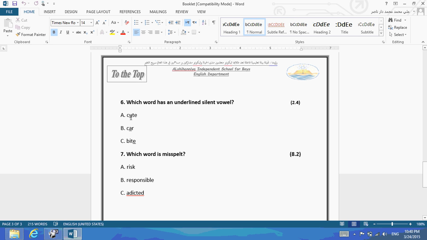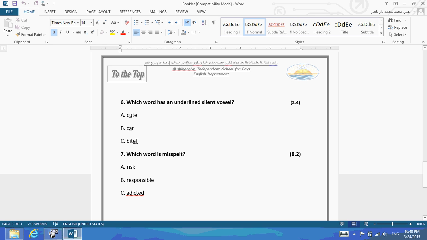The underlined vowel in the word cute is U, and U is read or is pronounced. So this can't be the answer. A, the sound A here is silent, but it is not underlined. We are asking here about the underlined silent vowel, and this is available only in the choice C, bite. It is not read bitey, rather it is read bite.